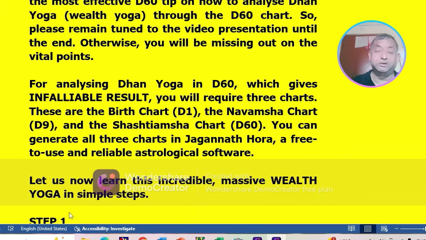You can generate all 3 charts in Jagannath Hora, a free to use and reliable astrological software. After setting the Ayanamsha as Lahiri Ayanamsha or Chitrapaksha Ayanamsha, because I use Lahiri Chitrapaksha Ayanamsha.